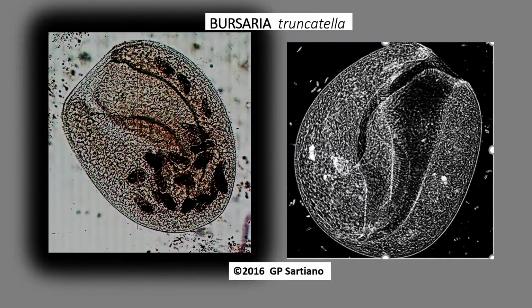As seen here, under some compression, the organism is ovoid in general outline and rounded posteriorly, but it is flatly truncated anteriorly.